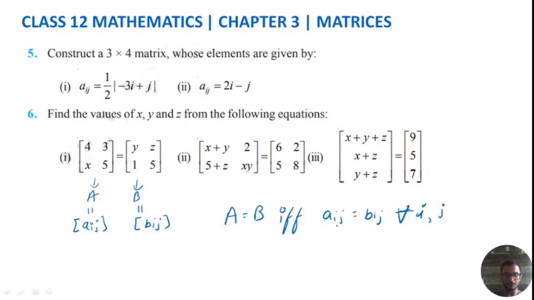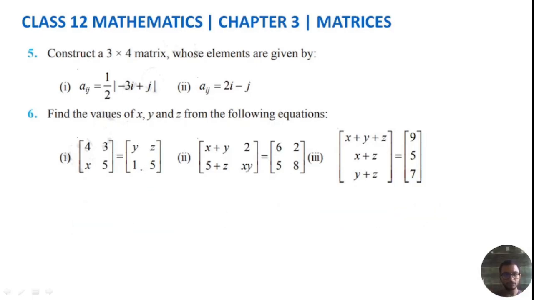If we are able to find some element such that its corresponding element is not the same, then we say that the two matrices are not equal. So here they are saying find the values of x, y, z such that they become equal matrices. So in the first part, if we compare corresponding terms, suppose this matrix is A and this is B. By comparing A11 with B11, we will have 4 equals y, right?